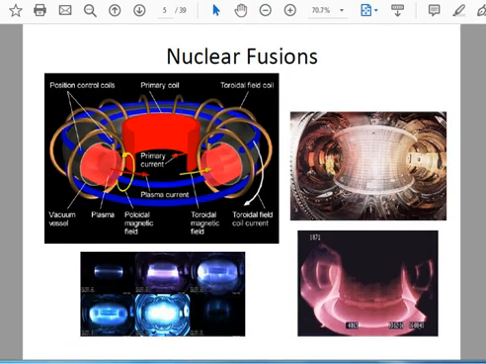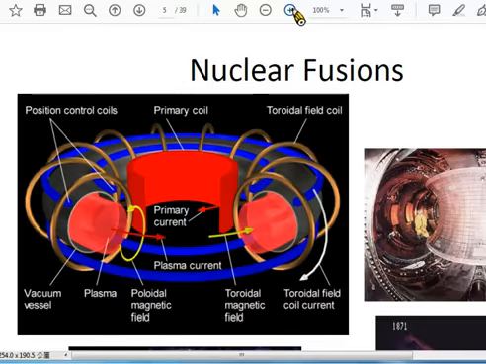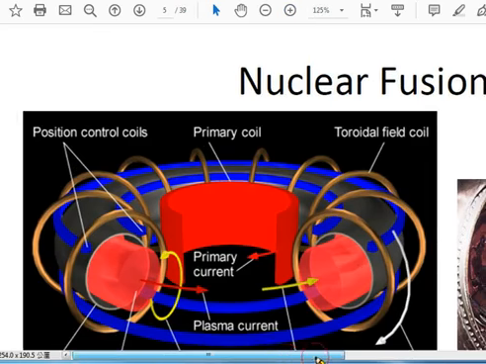The left part is a schematic of a nuclear reactor, and the right figure is a picture of a nuclear reactor.